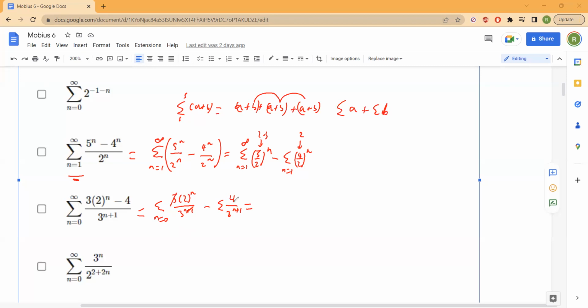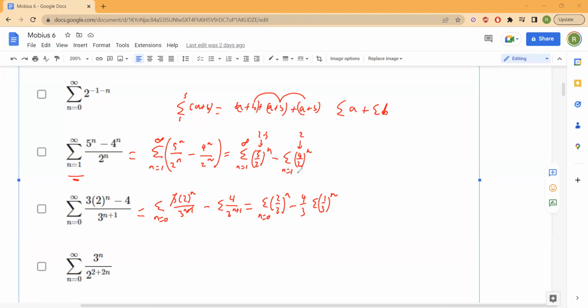And then over here, I'm going to take out 4/3. So in the end, what it should look like is the sum of 2/3 to the power of n, n equals 0, minus, and then over here, I'm going to factor out 4/3, times the sum of 1 over 3 to the power of n.